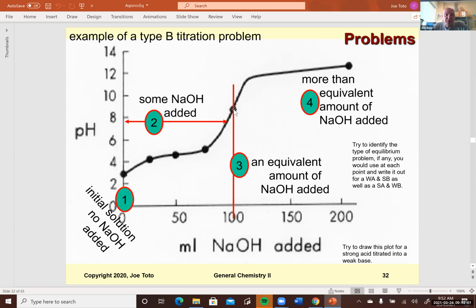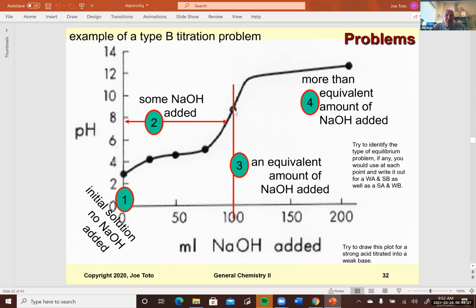Then it's equal number of moles. But what if it's 2-to-1? Then the equivalency is, well, 2-to-1 or 5-to-2 in some cases, or whatever those stoichiometric coefficients say. That's what's known as an equivalent amount, the stoichiometric amount. And that's why it's called the equivalence point, not necessarily equal.